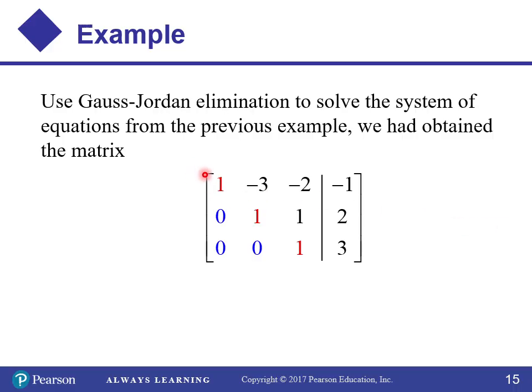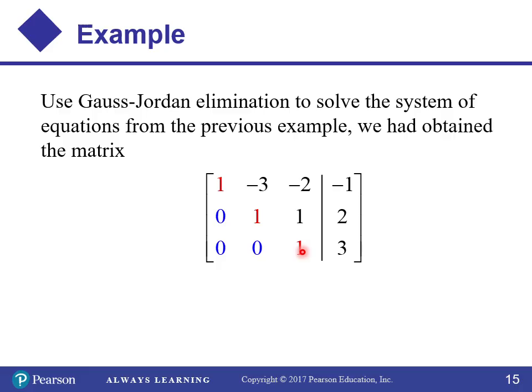Okay, so let's continue the example that we started at the beginning. We got this row to be the ones and we got zeros here. So now we're just going to keep going until we get zeros in each of these places. Remember we started with this column, got the 1, 0, 0, then we got the 1, then the 0, then we got the 1.